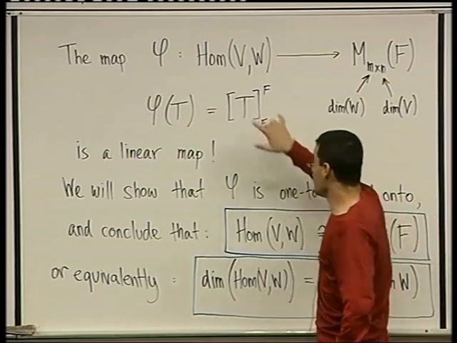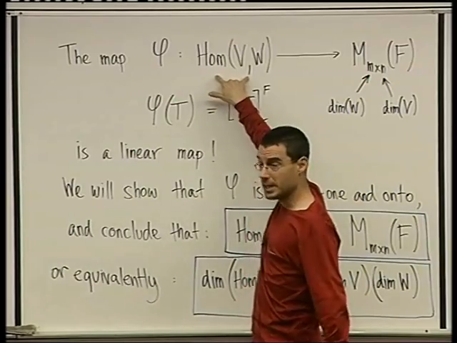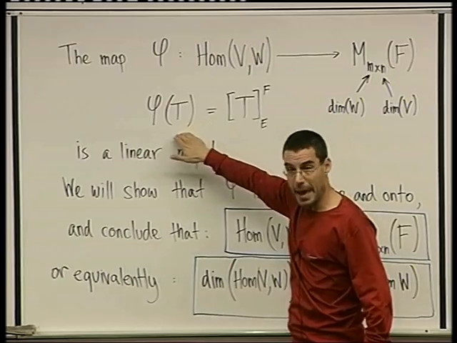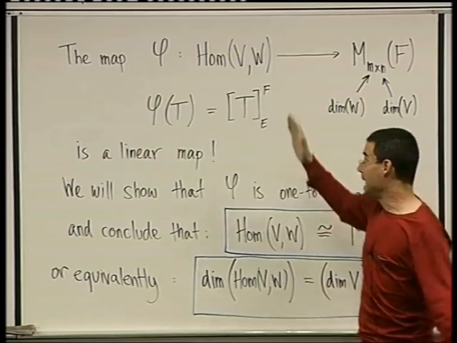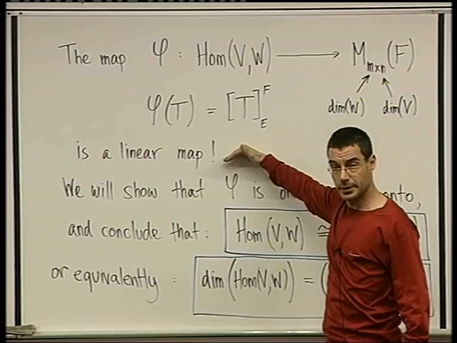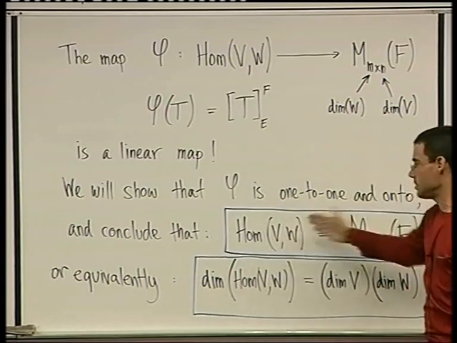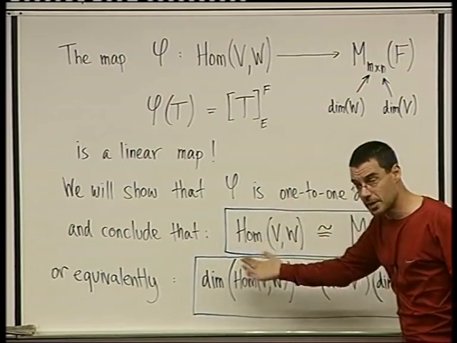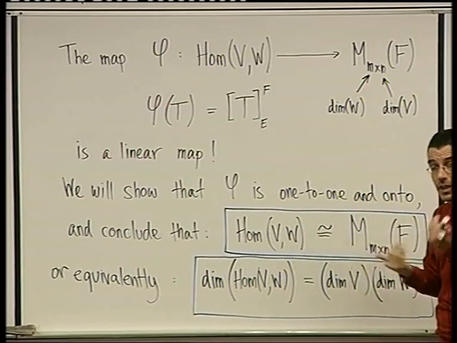Furthermore, there's a map between this vector space and matrices given by phi of a map is its matrix representation, and this correspondence between the two is a linear map, which is one-to-one and onto, and therefore is an isomorphism between these two spaces. Okay? Thinking of linear maps or thinking of matrices, as far as linear algebra goes, they're the same thing.